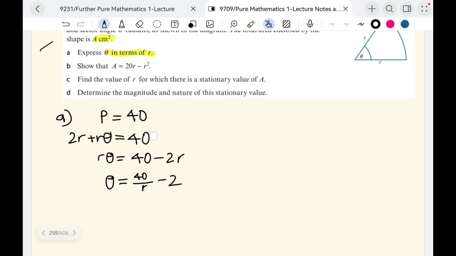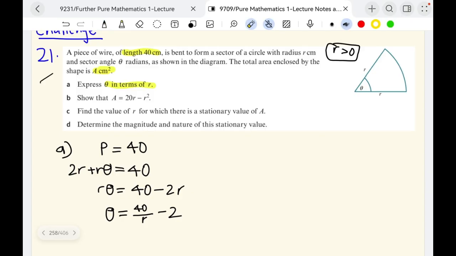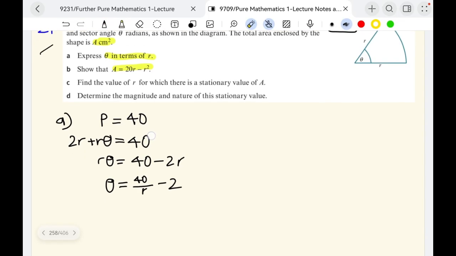Okay. B. Show that A equals 20r minus r squared. Usually in this application of differentiation, it wants you to express the A in terms of one variable only. That sole variable is r. So introduce the area of the sector, which is half r squared theta, the well-known formula of the area of a sector.